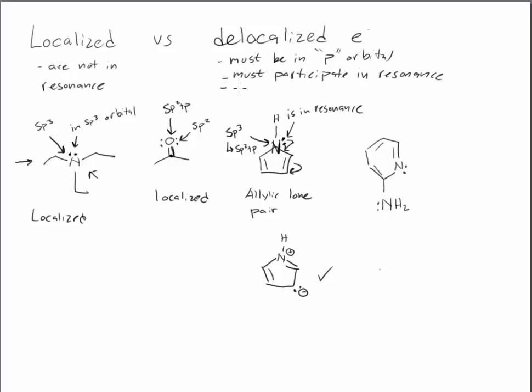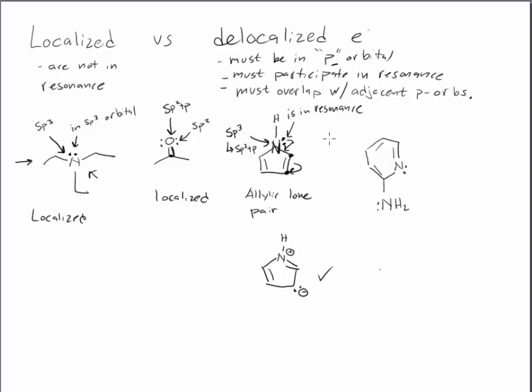And so another sort of rule is that the delocalized electrons in the p orbital must overlap with adjacent p orbitals. And now that's probably obvious. If it's in resonance, it has to overlap with adjacent p orbitals. There's a p orbital on these 2 carbons bearing the alkene, and so the p orbital on the nitrogen that has a lone pair is overlapping with these p orbitals on the alkene.